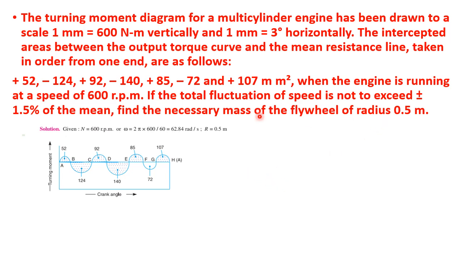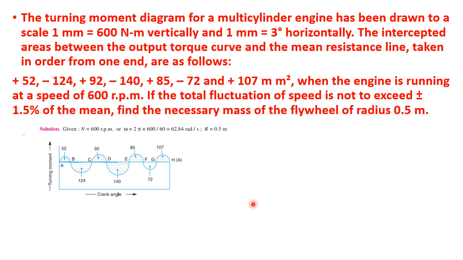Next, the important point given here is that the total fluctuation of speed is not to exceed 1.5% of the mean. Let us assume omega 1 is the maximum speed and omega 2 is the minimum speed. The fluctuation between the maximum speed and the minimum speed will be your total fluctuation.